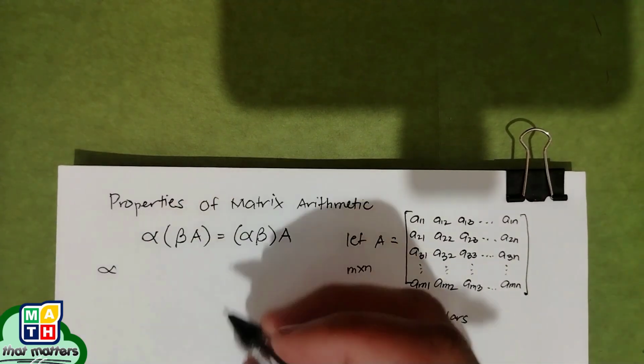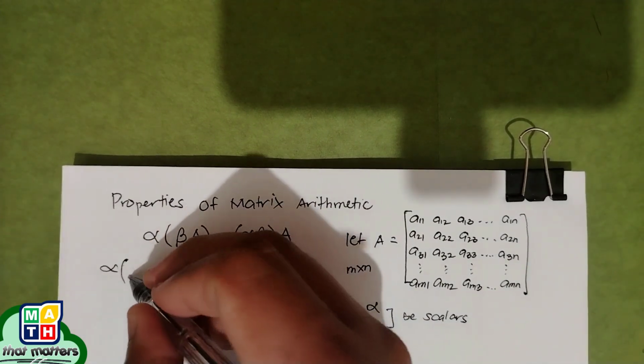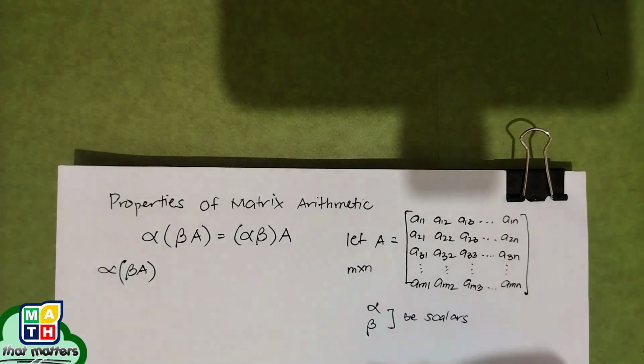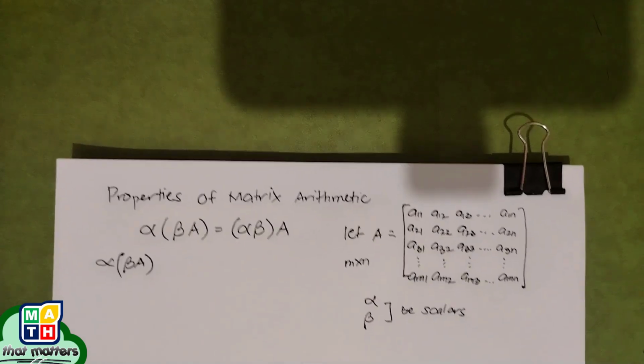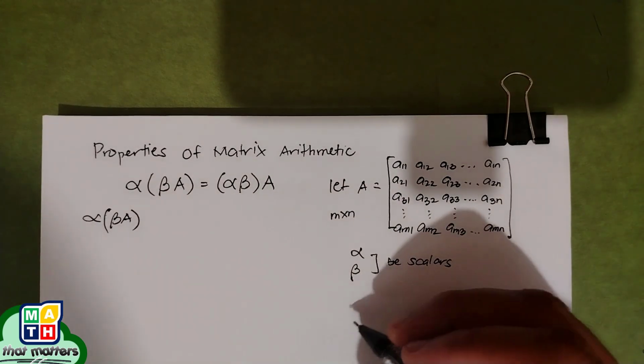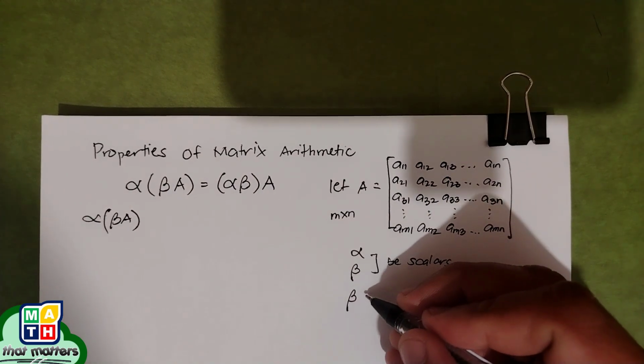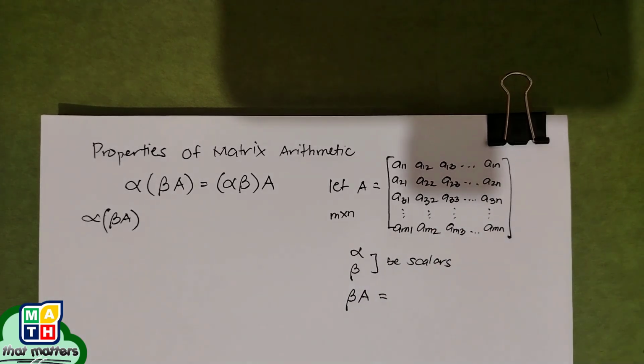So if we have the product of alpha and beta A, before we start, let's come up with an expression of how the matrix beta A looks like.